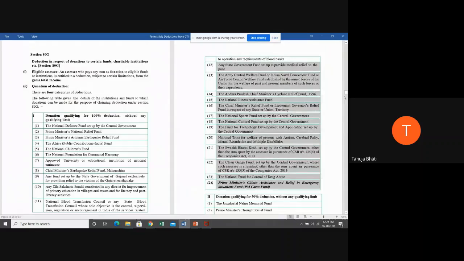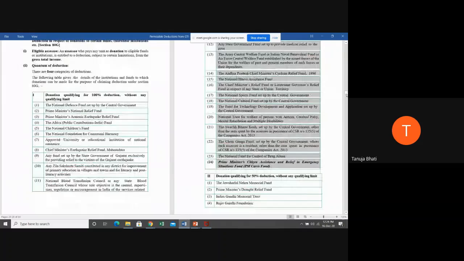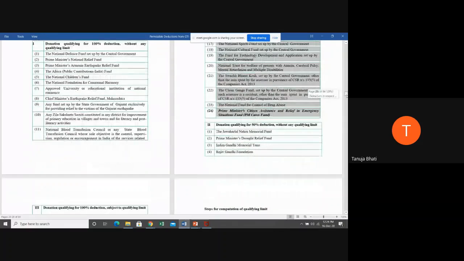For all these 24 different funds, if he is contributing, he is going to get 100% deduction without regard to the limit.